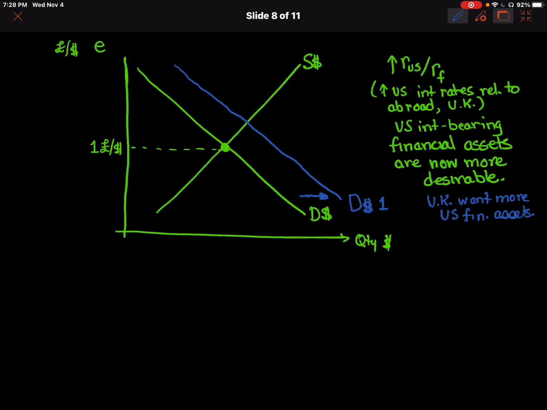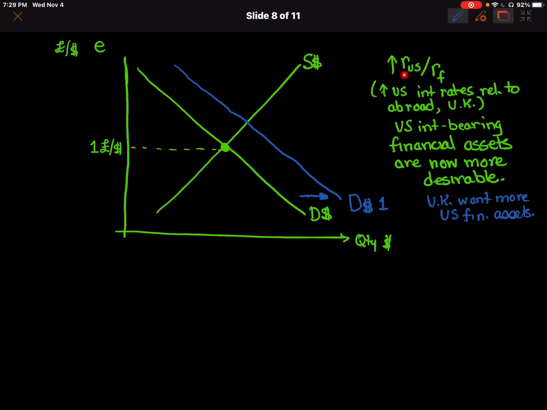People in the US look at this and say, well, I don't want pound denominated financial assets quite as much as before because the rate of return that I can get in the US is higher. So some of these dollars that were previously supplied were supplied to acquire, say, UK financial assets.